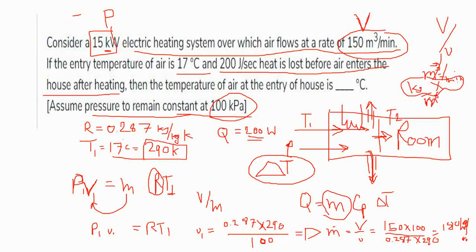Now we will convert this into kg per second. Just divide it by 60, and you will get a mass flow rate of 3 kg per second. Now the question is, 200 watt heat is lost. And the electric power is 15 kilowatt, so all that power is converted into heat to heat up the air.